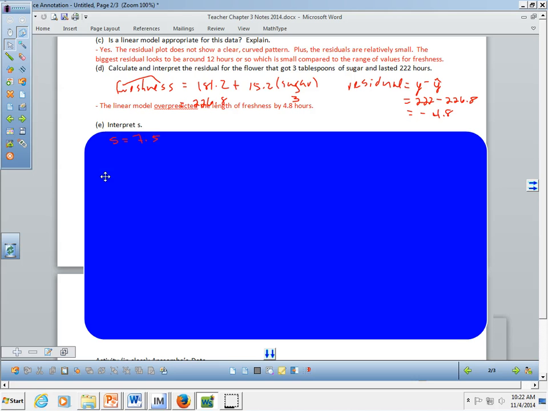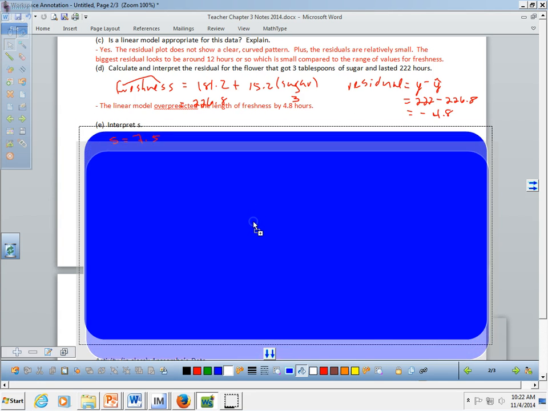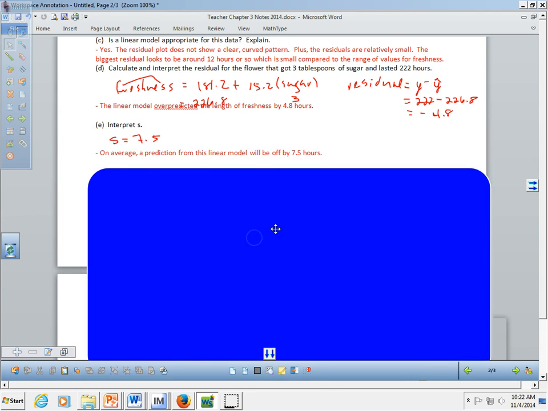Interpret that. Take a second and give it a shot. Stop the video, then play it, and we'll see what you come up with. Okay, what'd you say? Did you say something like this? On average, a prediction from this linear model will be off by 7.5 hours.